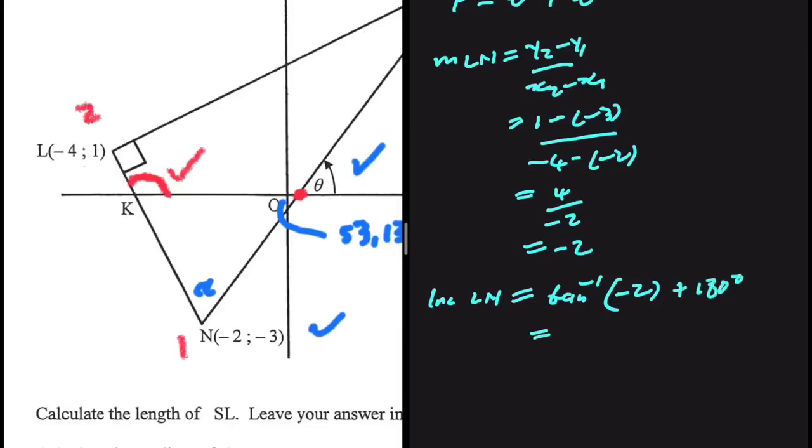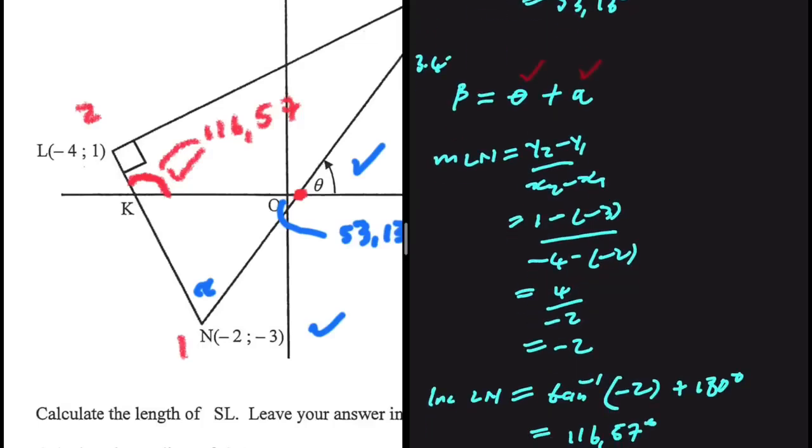So let me put that in my calculator. Tan inverse of minus 2 is minus 63.43. I add 180, I get 116.57. So the size of this angle is 116.57. What does that tell us?